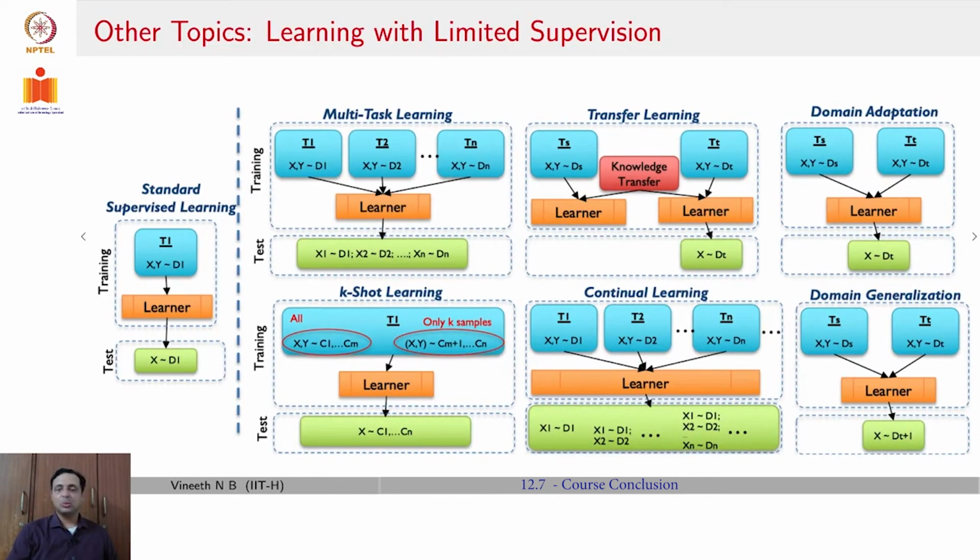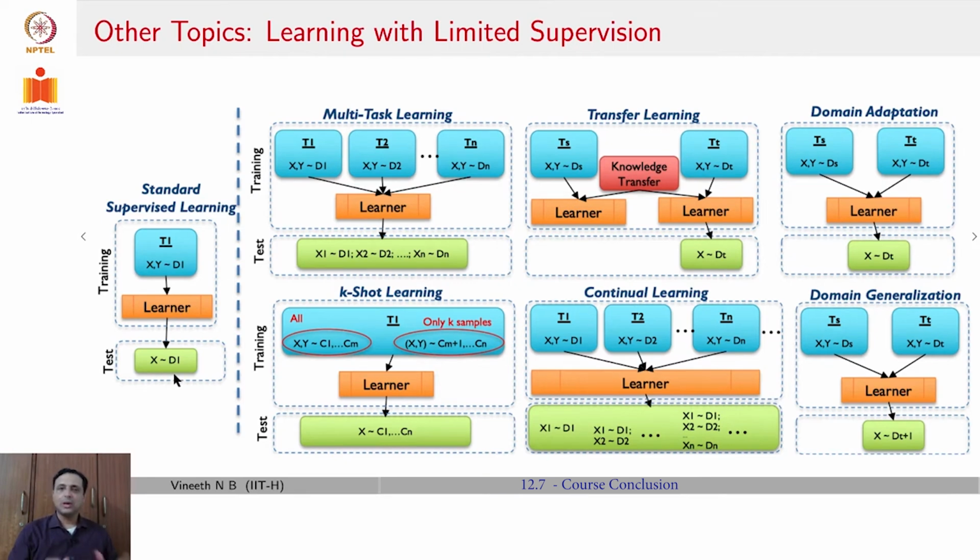One topic which we briefly touched upon earlier this week, but has many facets and dimensions, is learning with limited supervision. In the standard supervised learning setting, you have a training set and you train a learner and you get a model which is used on the test set.